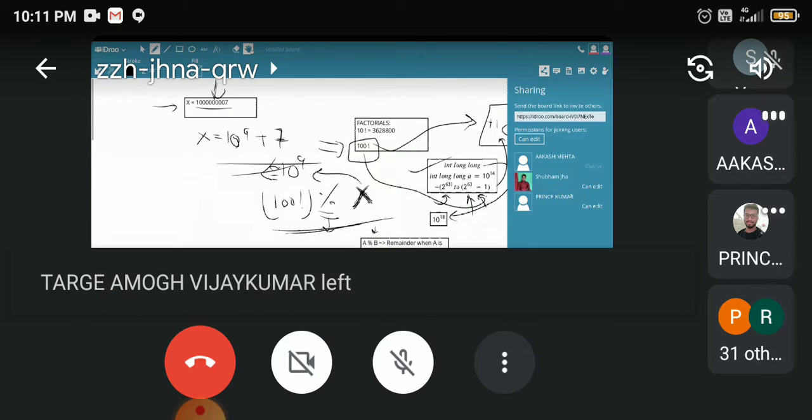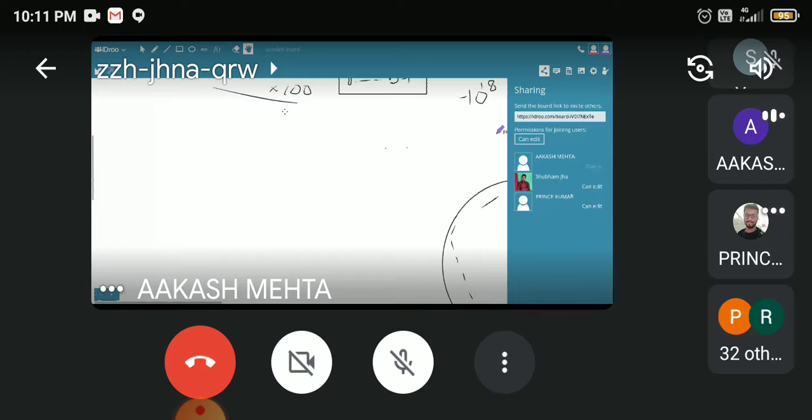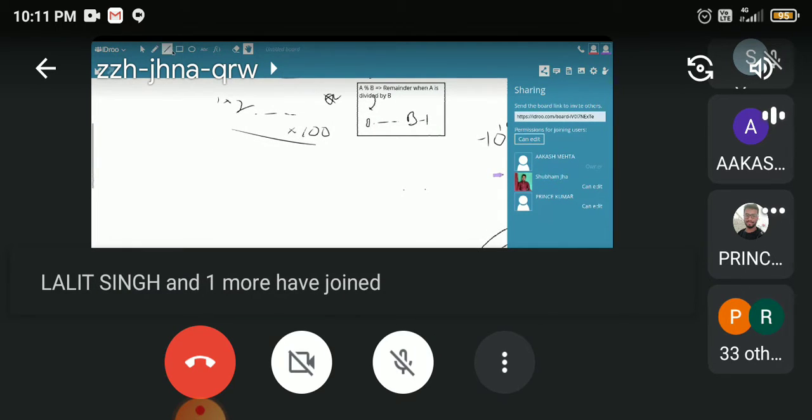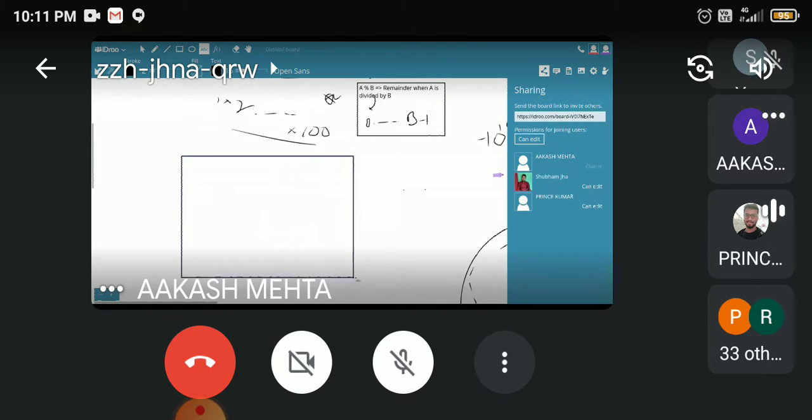Okay. So now we shall discuss the properties of the modulus operator. So let's say you want to compute some addition. First of all, let me write here the rules of the modulus operator.